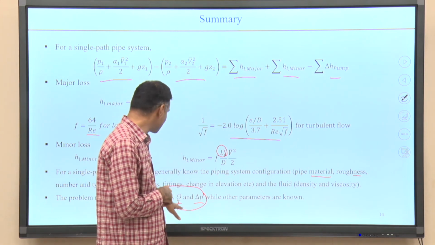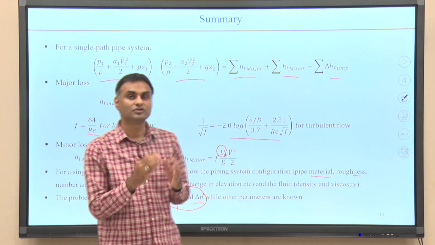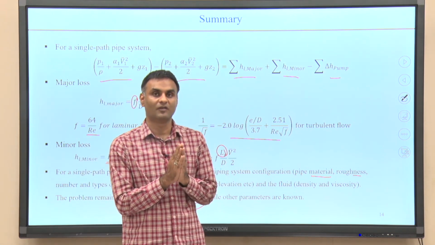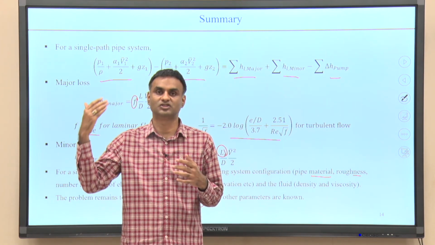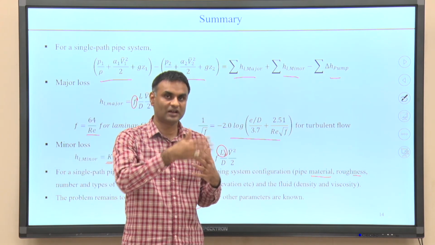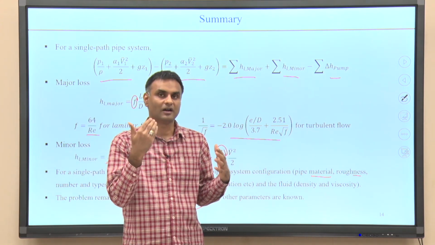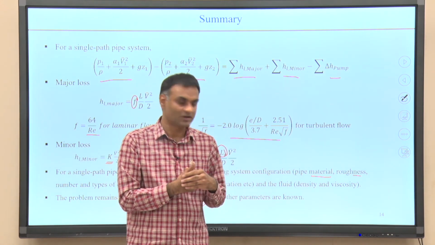So, D and Q will come in the definition of the Reynolds number. So, you might need to solve the problem iteratively when you need to calculate D or Q. First, you might need to assume one diameter or one flow rate, do the calculations, and do it again until you find a converged solution.